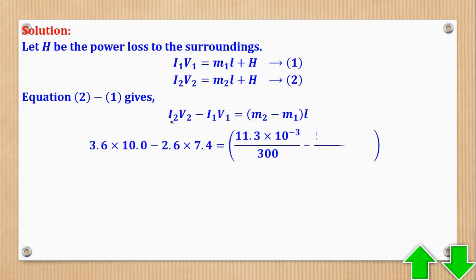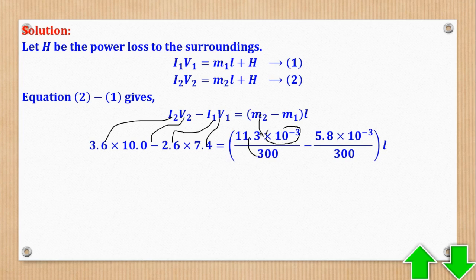Then I'll substitute for I2, V2, I1, V1, M1. So sorry, M2. Now M2, remember it was 11.3 grams in 300 seconds. But for us we want per second. That is why we divide by 300. Then why do we multiply by 10 to the power negative 3?